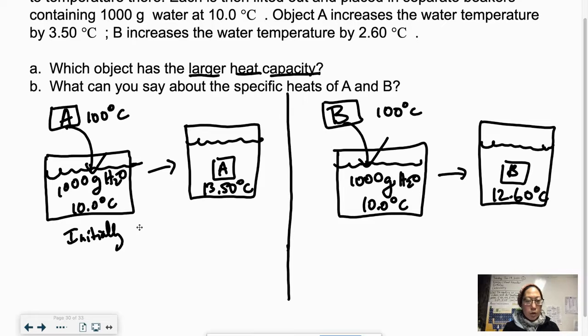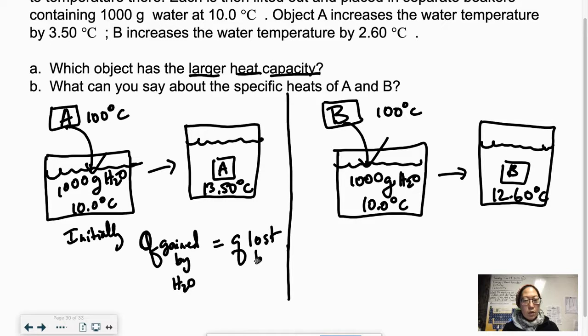Another way to look at this is that the Q gained by the water is equal to the Q lost by A. That has to be true, right? The amount of heat gained by the water must have come from the hot piece of A. So we can do this in terms of heat capacities.